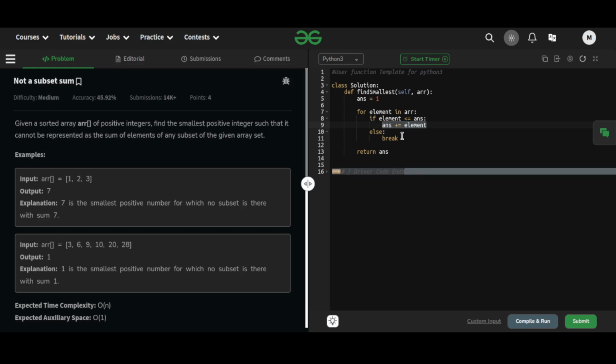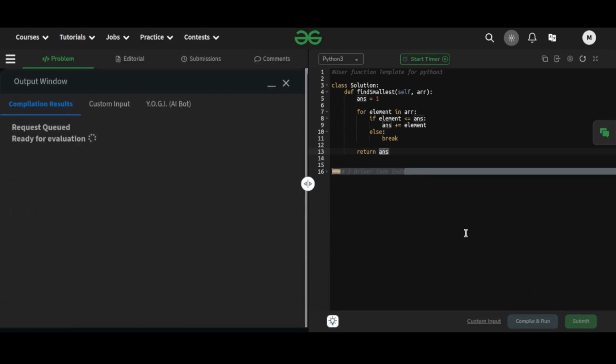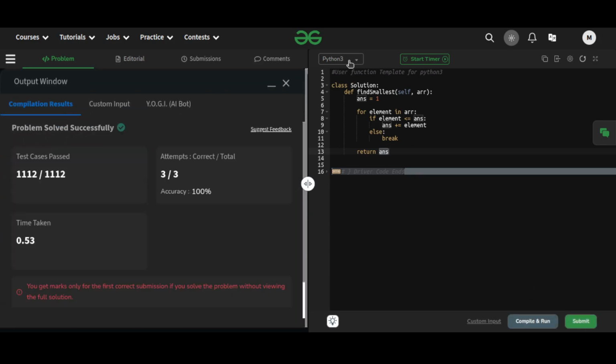If that condition is violated, then we have found the smallest positive integer which cannot be represented by the array, because of which we are breaking from the loop and returning answer. So that's the Python implementation, folks. Now let us submit our solution. So our Python solution got accepted.